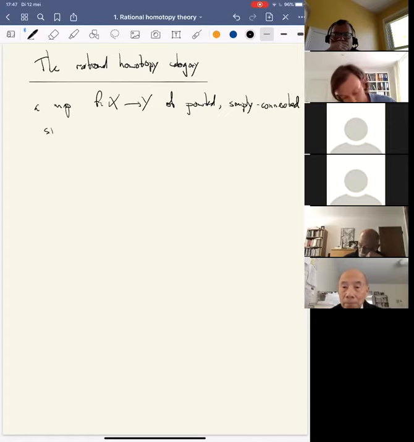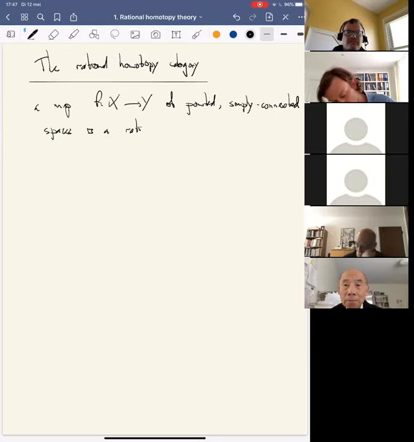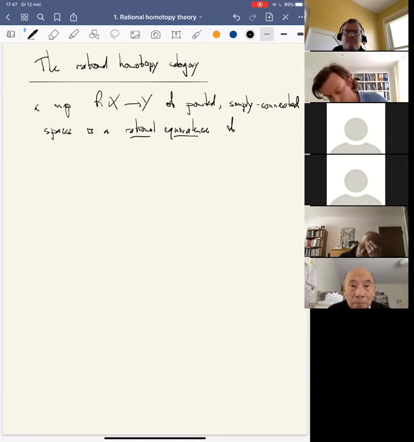Such a map is called a rational equivalence precisely if it is a π_* Q-isomorphism, so it gives isomorphisms on rational homotopy groups, that is, if π_*(F) tensor Q is an isomorphism, or equivalently, you could also test this on rational homology.